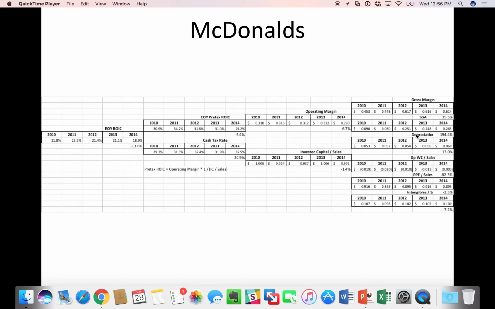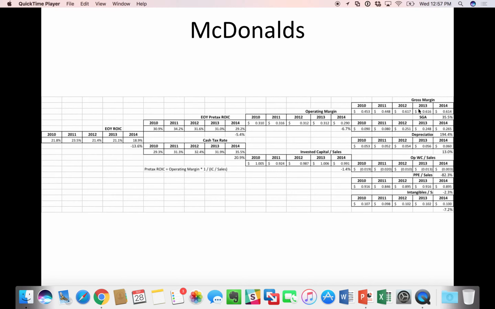The first one is called gross margin, right? Some people call it gross profit. Gross margin is usually the gross profit as a percent. We call it the gross profit margin, but it's the gross profit as a percentage of sales. Second is SG&A, which stands for Selling, General, and Administrative Expense. And the third driver off the income statement that drives EBIT or operating profit is depreciation as a percentage of sales.